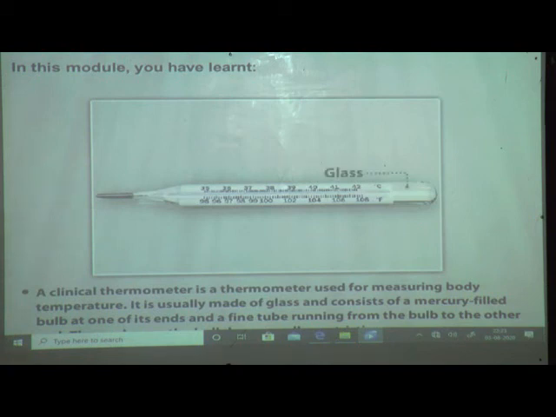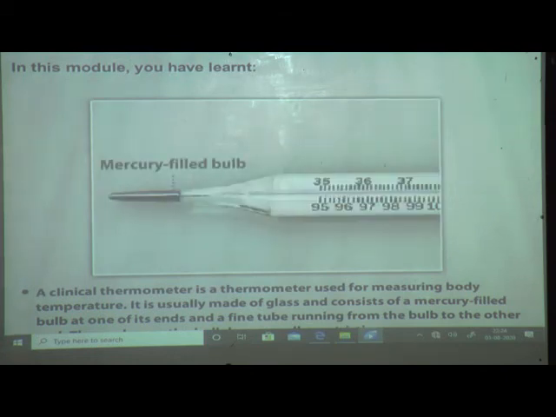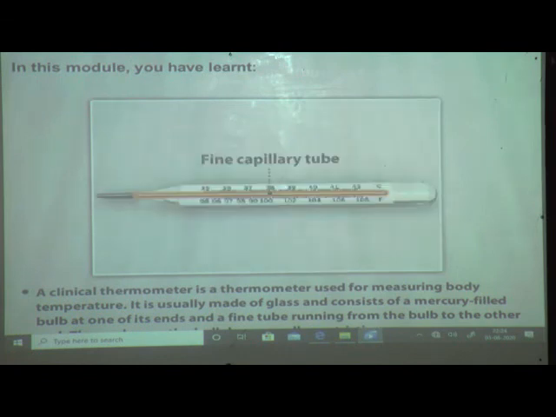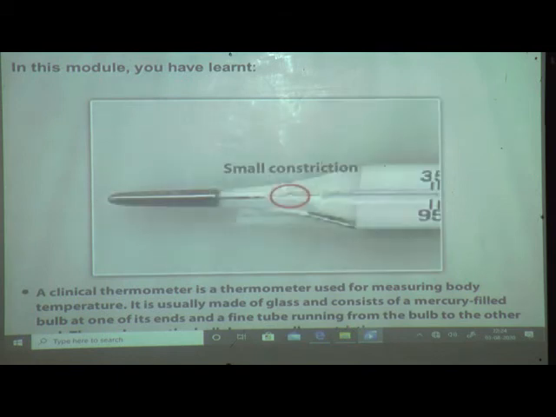It is usually made of glass and consists of a mercury-filled bulb and one of its ends and a fine tube run from the bulb to the other end. The neck near the bulb has a small constriction.